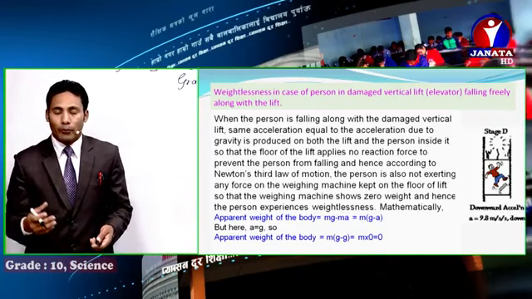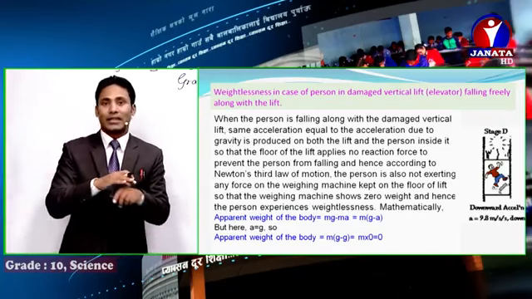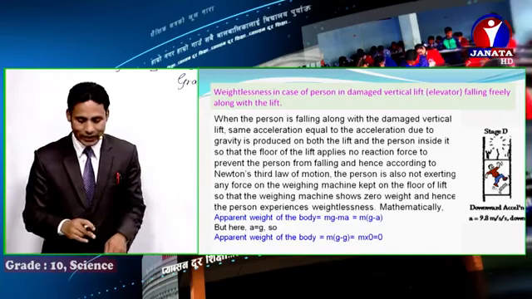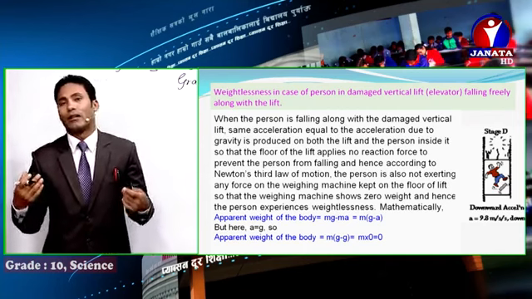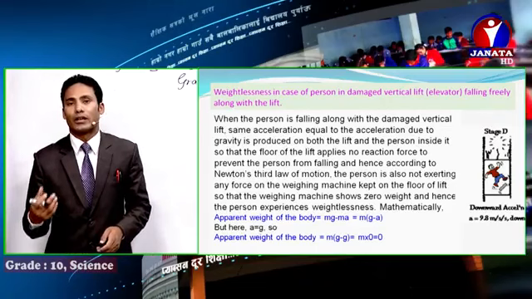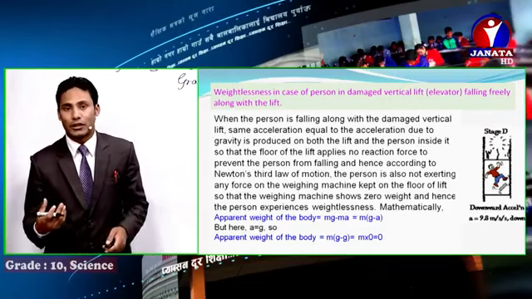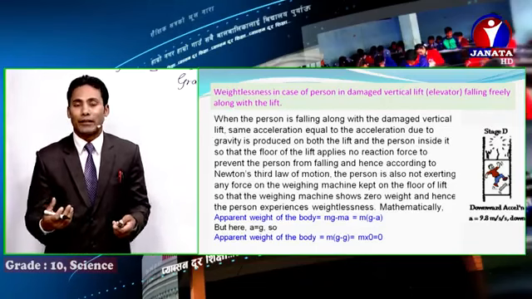But if that elevator collapses, let's say the elevator falls with an acceleration equal to the acceleration due to gravity, in that condition the people feel weightlessness.